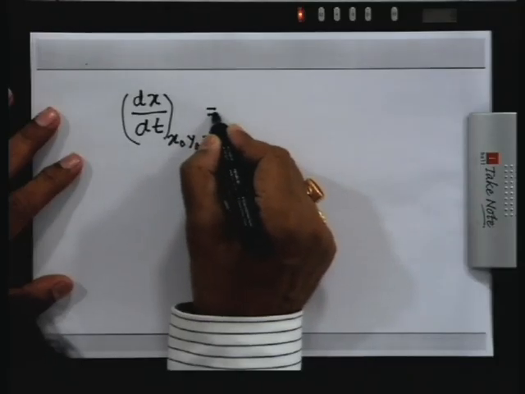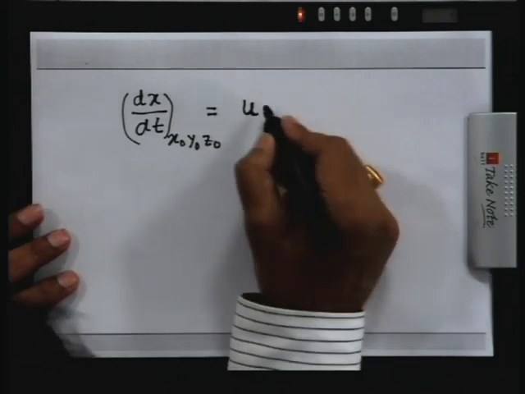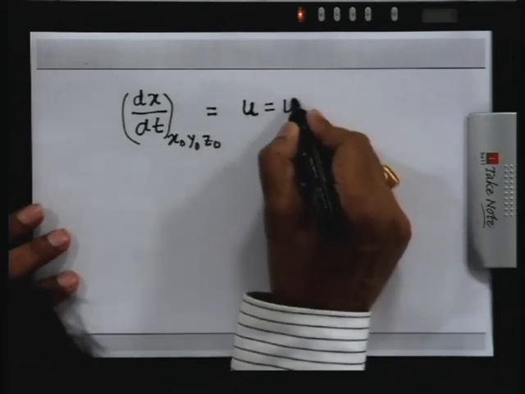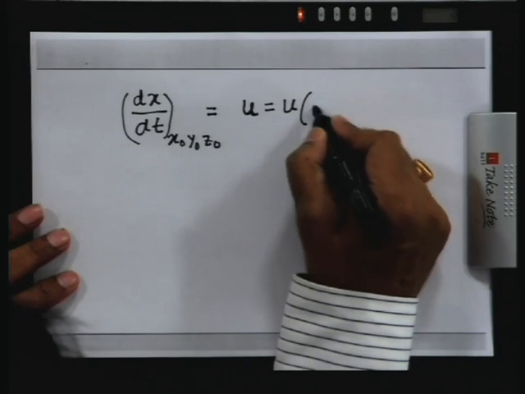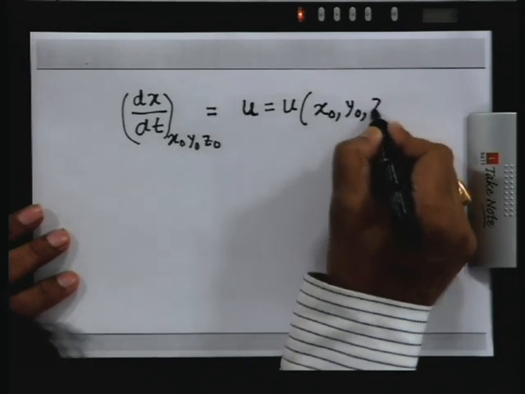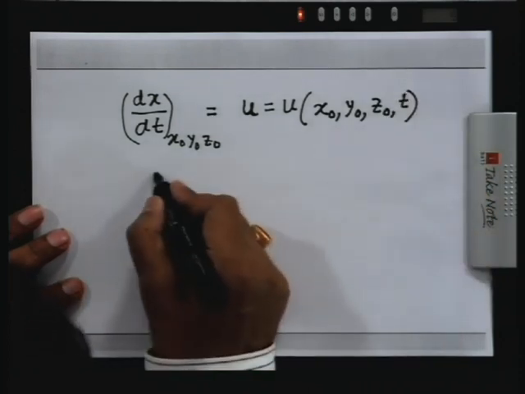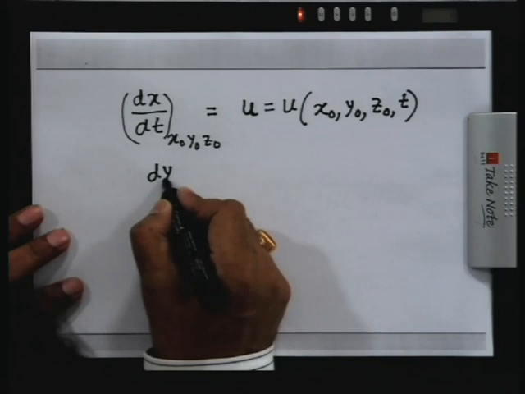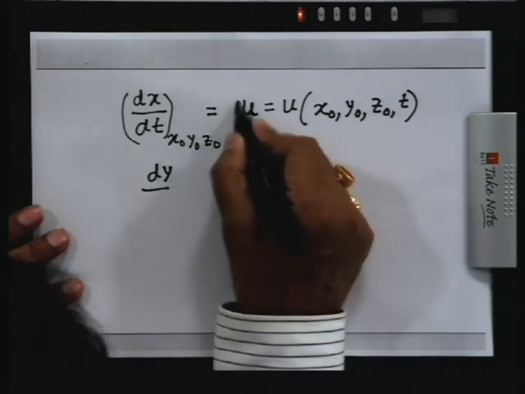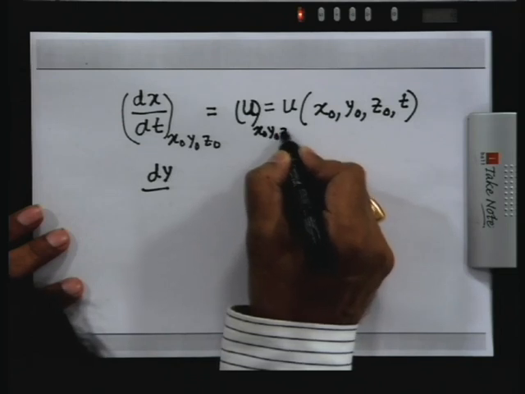We can find out the velocity, the u component of velocity, which after differentiating this function will again be a function of x0, y0, z0 and t. Well, similarly we can find out the y velocity. This is u for the x0, y0, z0 particle. That means a particle fixed.